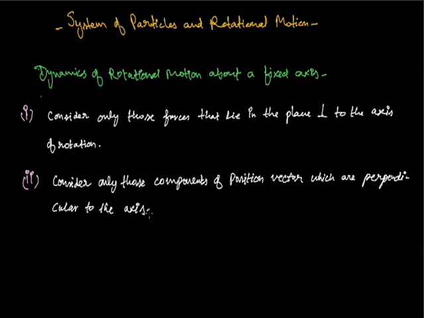Components of position vectors along the axis will result in the torque perpendicular to the axis, which we are not considering here. Now we have to discuss, as in linear motion, work done is given by the product of force and displacement. Now here, in case of rotational motion of the body, what will the work done by a torque be? Let us discuss.